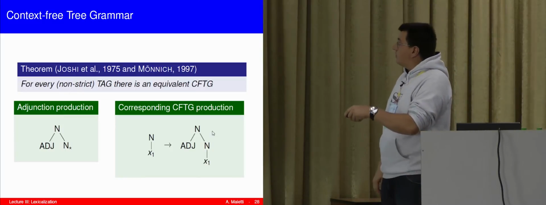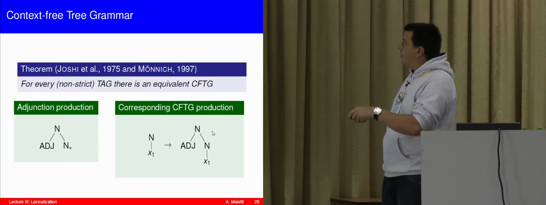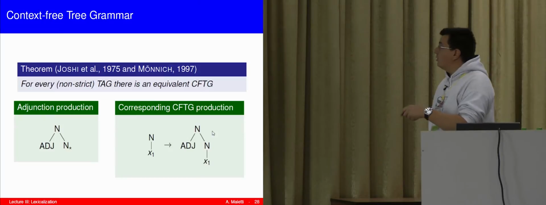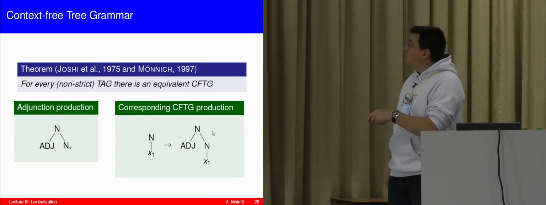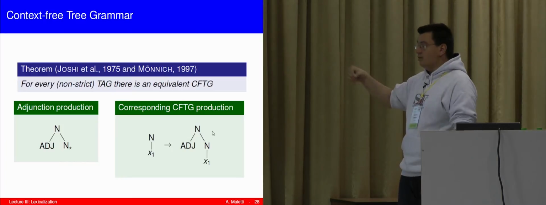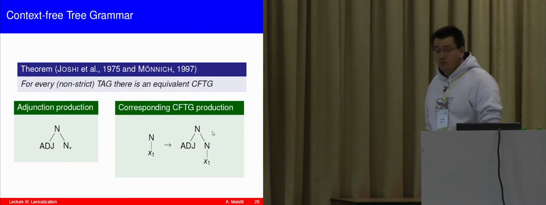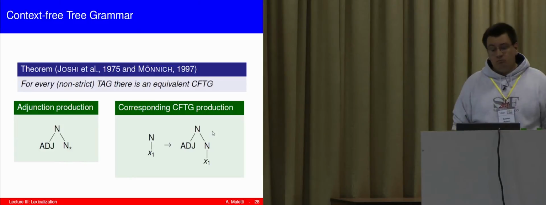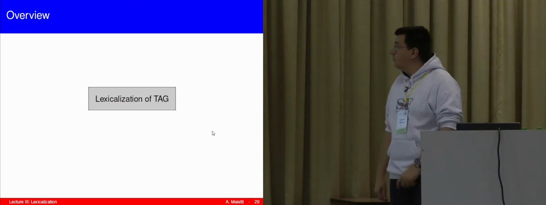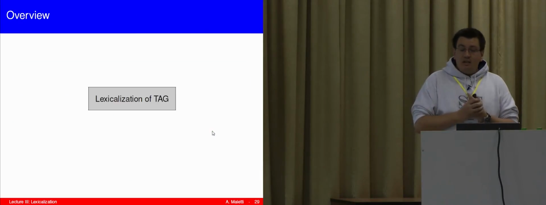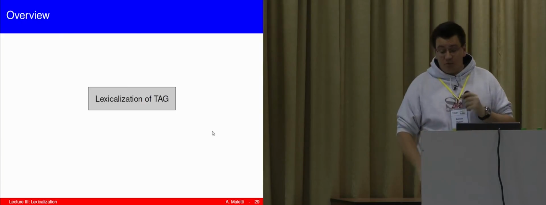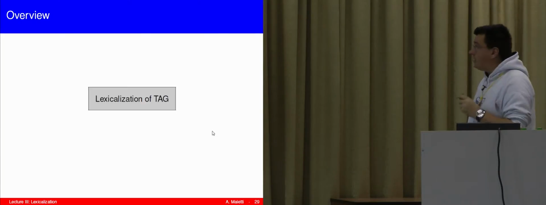If you look at such an adjunction production generating an adjunction to the left, then you'll have a context-free tree grammar production where this n has one parameter, and it can put an adjunction to the left of it and then reproduce what was previously there. So it's a very natural translation. Very easy. And now let's look at lexicalization of TAG. This failed for TAG, and this was proven by Kuhlmann and Satta that you can't do it for TAG.